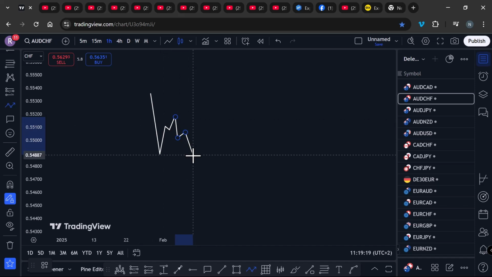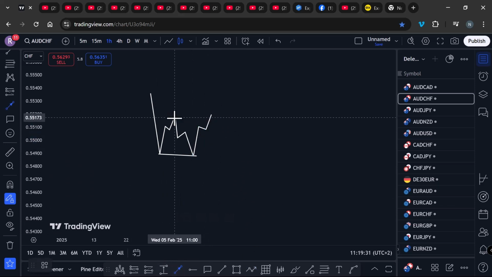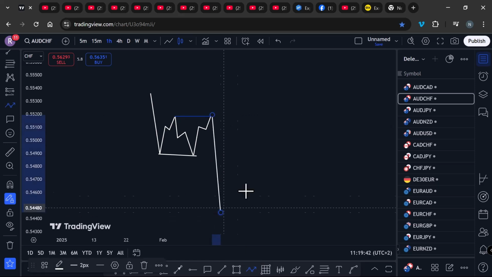To create us a base, right? Because we usually need a base for this one to be high quality, and then it goes up, and after it goes up, it creates our double top, whereby we'll be using it to enter to the downside.